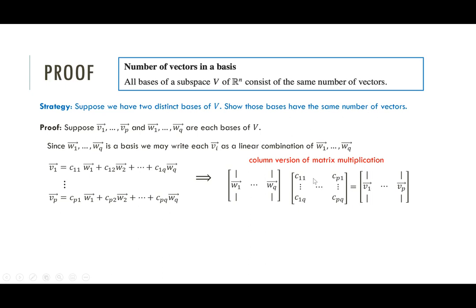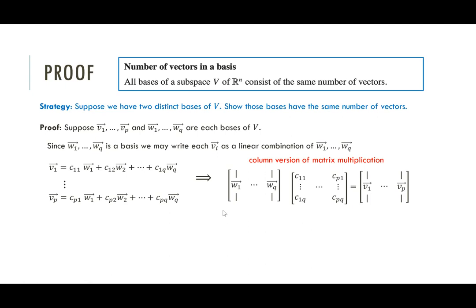Similarly, if we look at the column of coefficients on V2, multiply that column by the matrix, you get the linear combination that ends up being V2, all the way to the last column of coefficients multiplied by the matrix of W columns, which gets you a linear combination that ends up being VP. So it really is the same information.